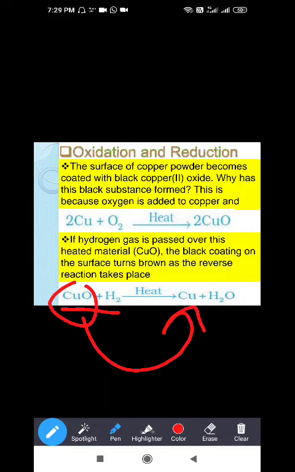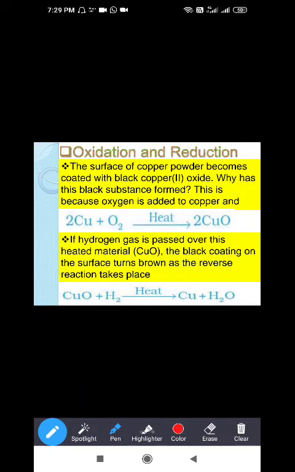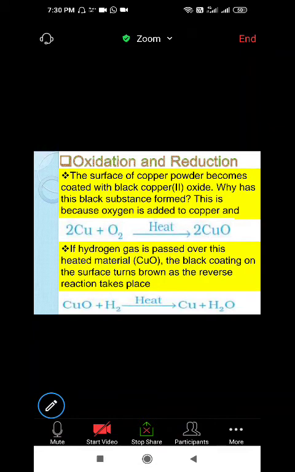You can see over here there is H2O, meaning the oxygen has been added to the H2. So in this particular equation, oxygen is removed from one element and in another element oxygen has been added. Here two reactions have taken place altogether, the oxidation and reduction both, in the same chemical reaction, and that's why this reaction is known as redox.